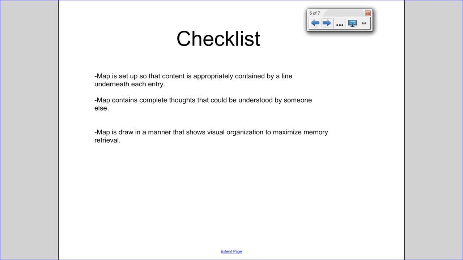So our checklist, first of all, you need to correctly set up the map so that there's the line underneath each one of those entries, the top, the main focus, each one of our subheadings, and then all of the ideas or content below, because we need to organize our ideas here.